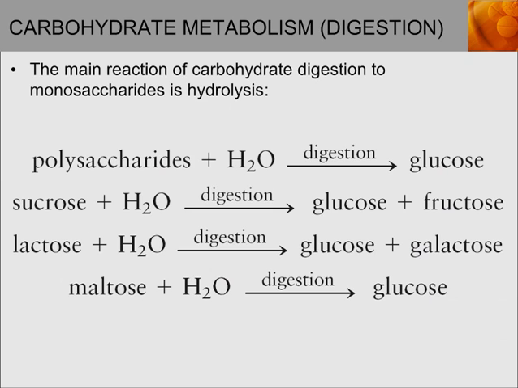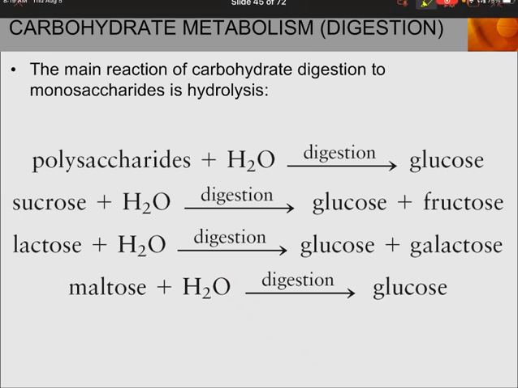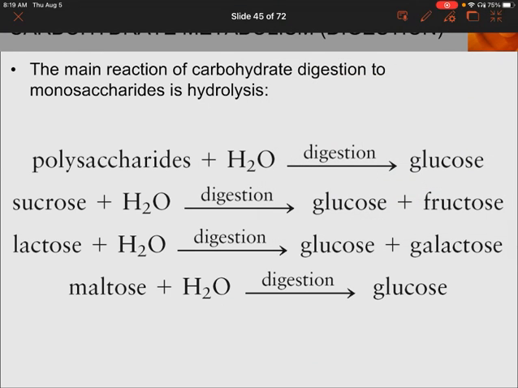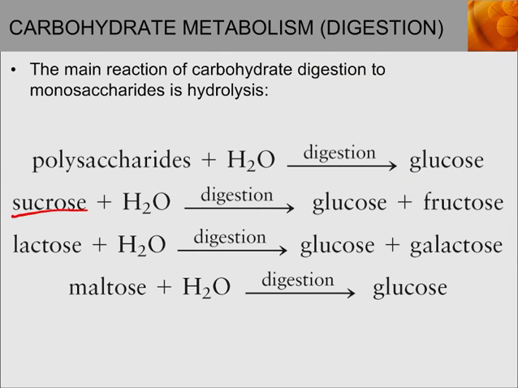So when we consume carbohydrates, we immediately start to digest them. And the main reaction that's used to digest sugars or carbohydrates is hydrolysis. So we've seen an example of hydrolysis before, specifically with sucrose.